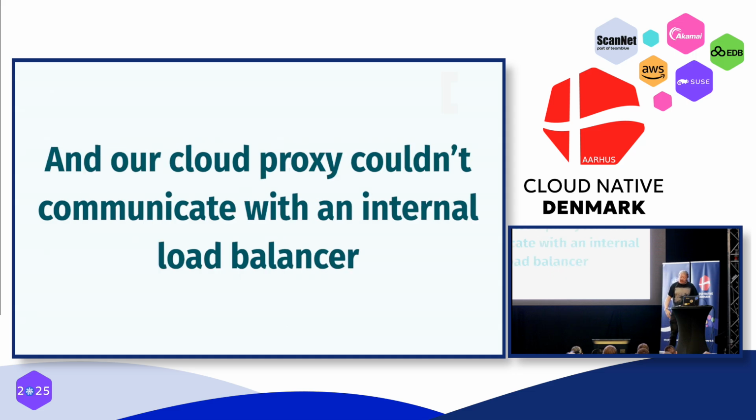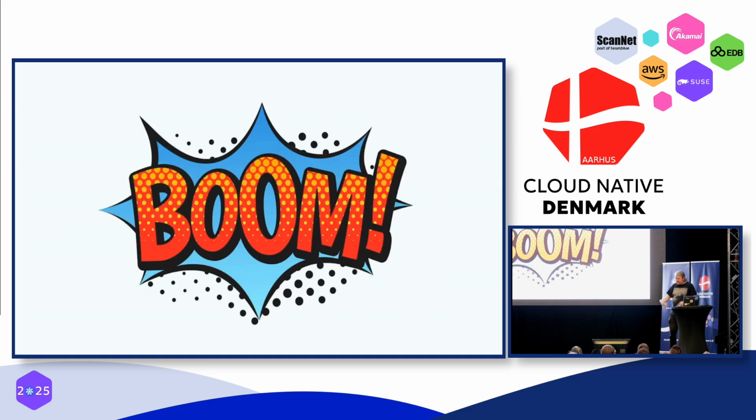And then our cloud proxy could not communicate with an internal load balancer, at least at the time. And this meant that the service went down. The fix was easy. Once we figured it out, just give the flag explicitly, internal false, and wait for the changes to propagate.